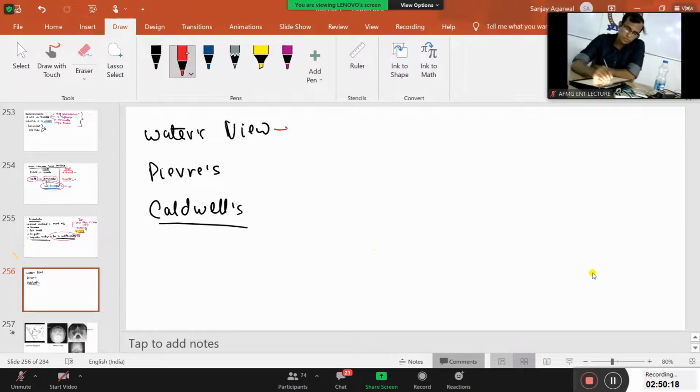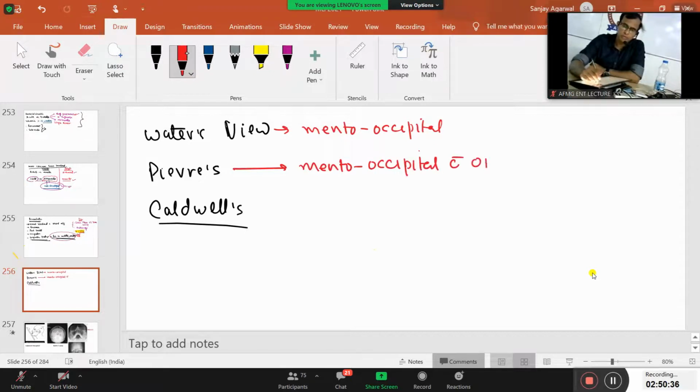Now, Waters view is called mento-occipital view. And PRS view is the same, mento-occipital. What is the difference? With open mouth.